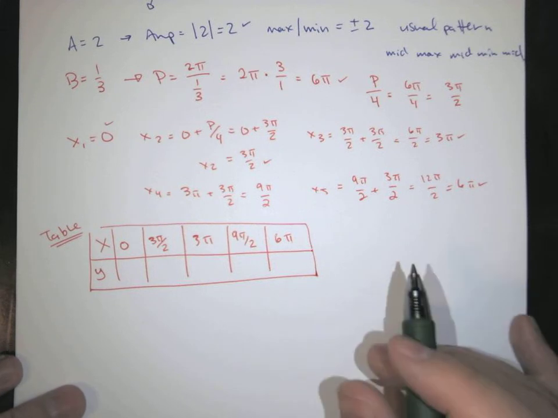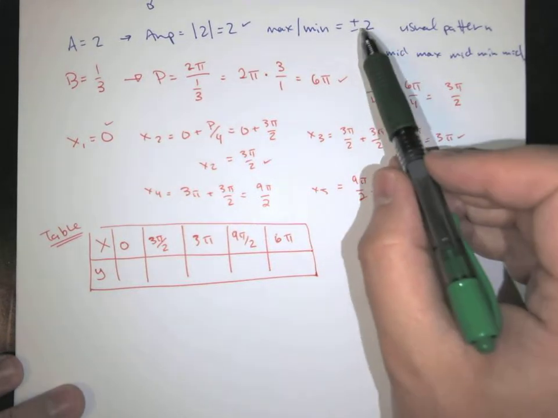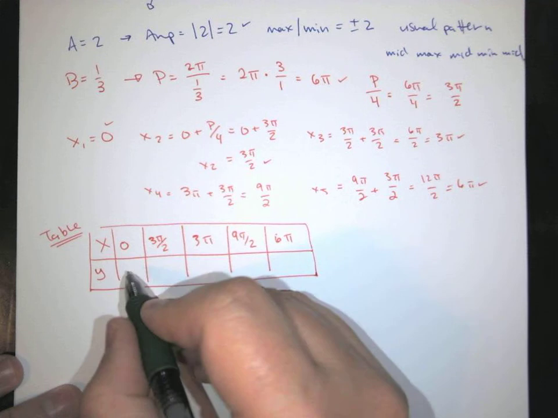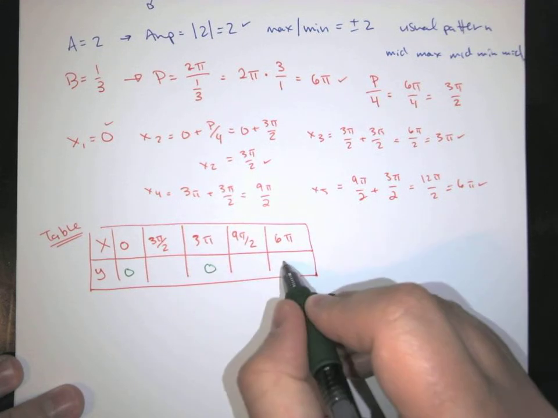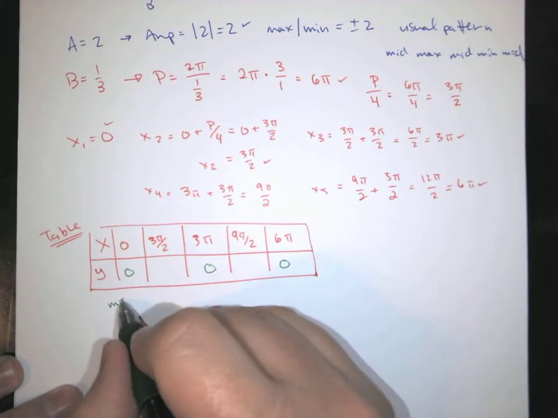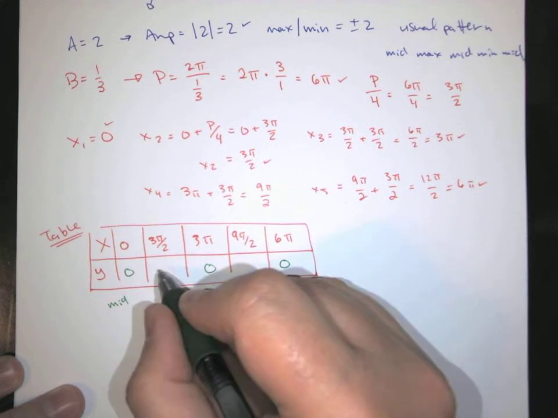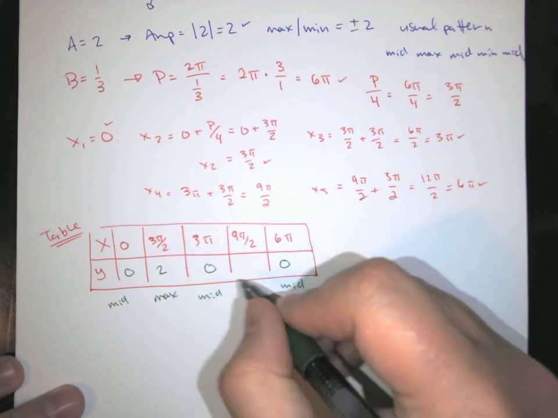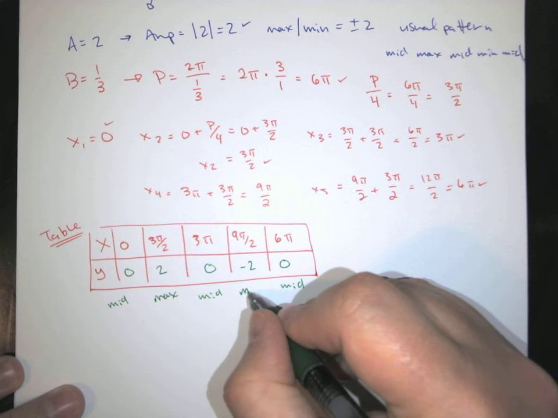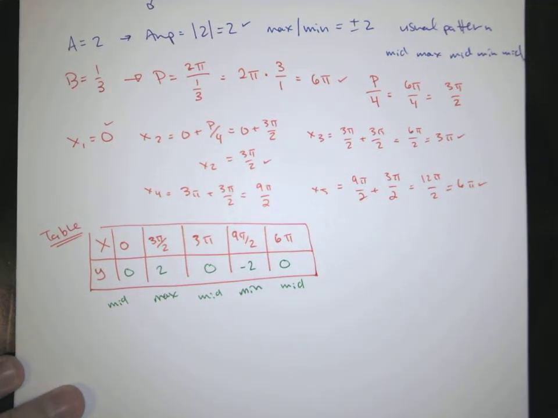Our max and min values, you can see them up here: positive and negative 2. The middle is still at 0. So middle, middle, middle. This is my max, positive 2, and that's my minimum at negative 2.